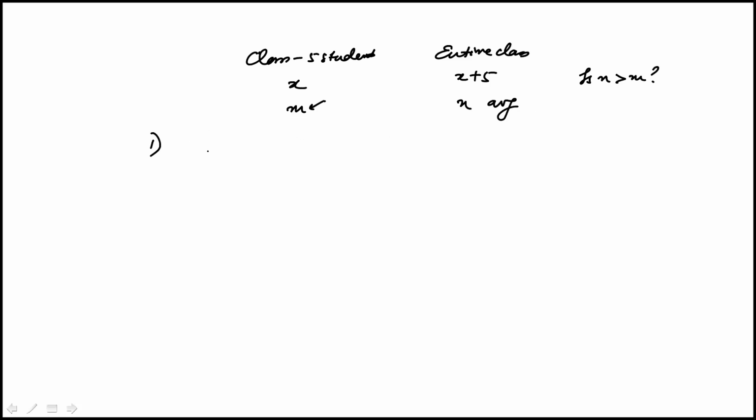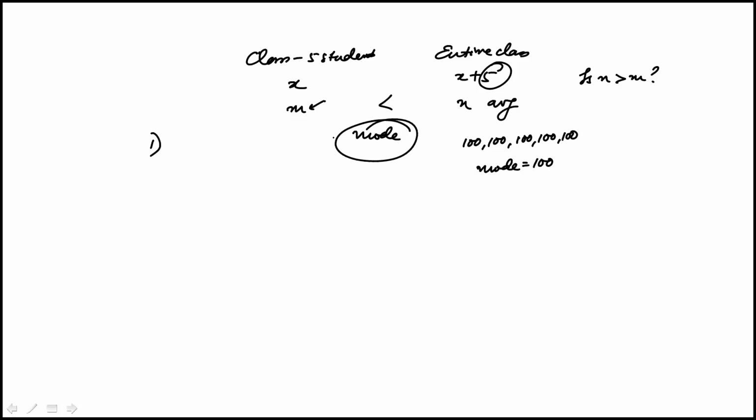So I'll start with statement 1, which says the mode of the entire class was greater. Mode is the most frequently occurring value. And so if that's the case, then clearly the new mode comes from these 5 students. It could come up in different ways. But let me give an example: let's say all 5 students scored 100, and in this case the mode is 100 indeed.